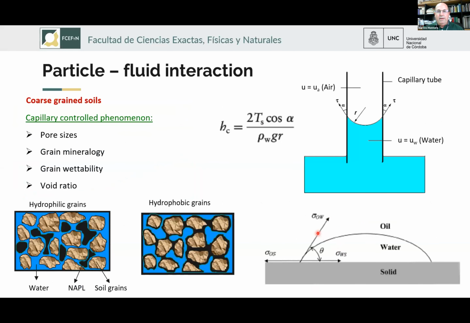The NAPL ganglia formation and mobilization depends on the physical-chemical interaction between fluid phases and mineral grains. On one hand, on coarse grain soil particles, the capillary phenomena will prevail. So, all soil properties and factors that theoretically affect the geometry of a capillary meniscus or the capillary height in soil pores will have importance in ganglia formation and mobilization.